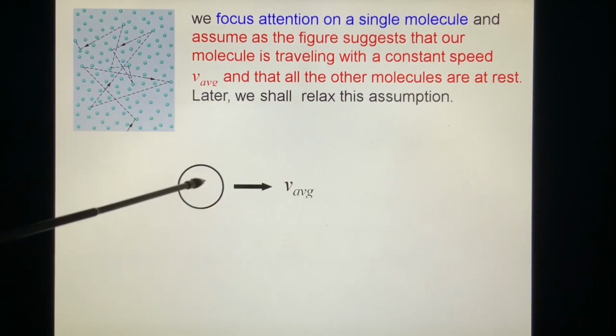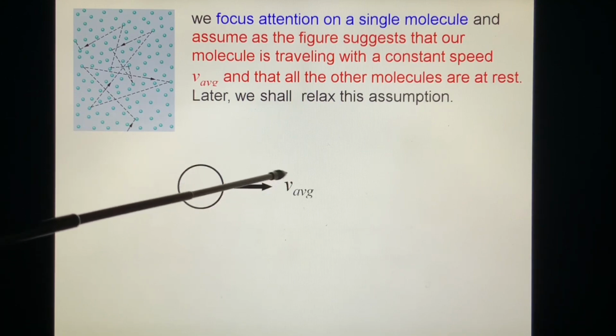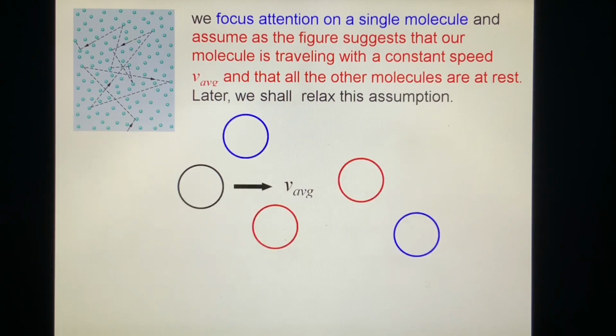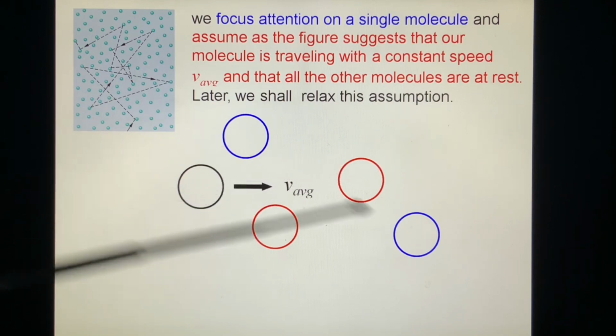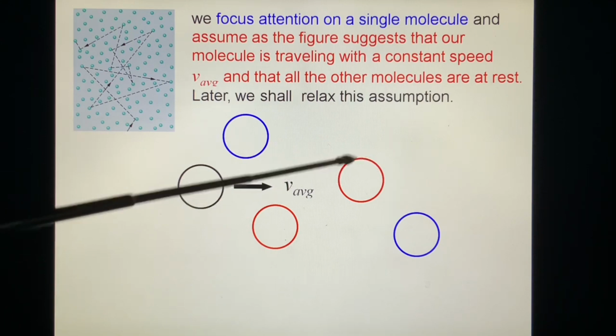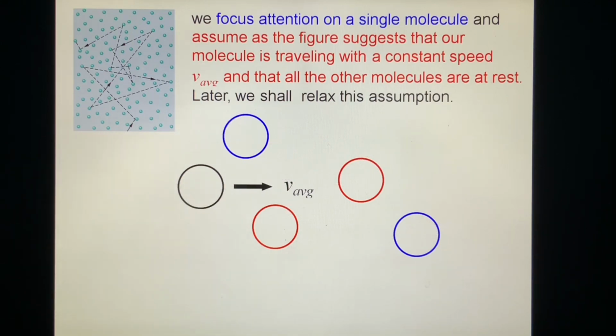This is our sample molecule with speed v average. Around it you have some other molecules, which we label red and blue. It seems it will hit the red one and not touch the blue one, right?